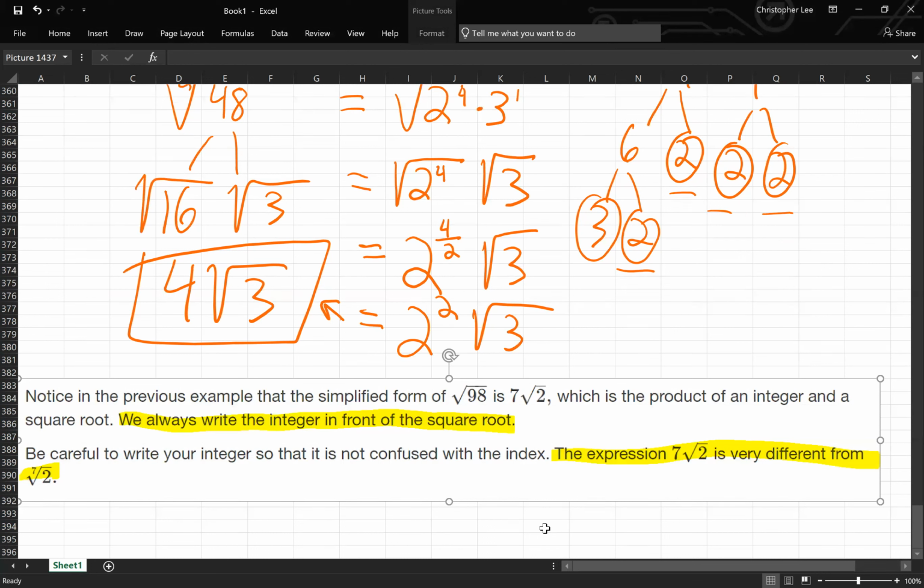Be careful to write your integer so that it is not confused with the index, because the expression 7 square root 2 is very different from the 7th root of 2. Because this one is 7 times square root 2, but this one is a 7th root of 2. Completely different numbers.